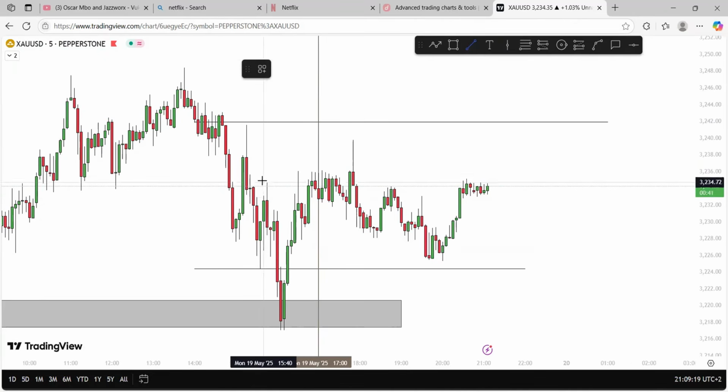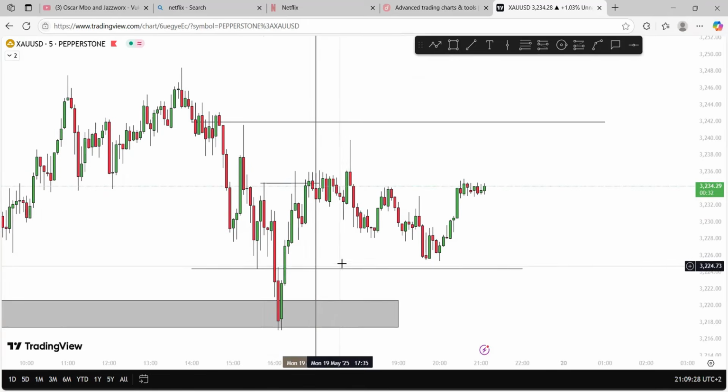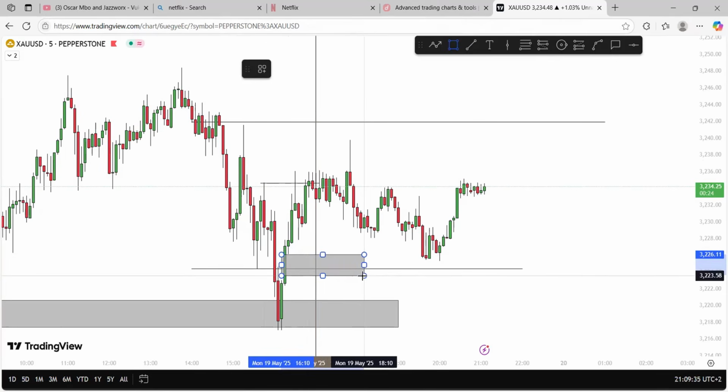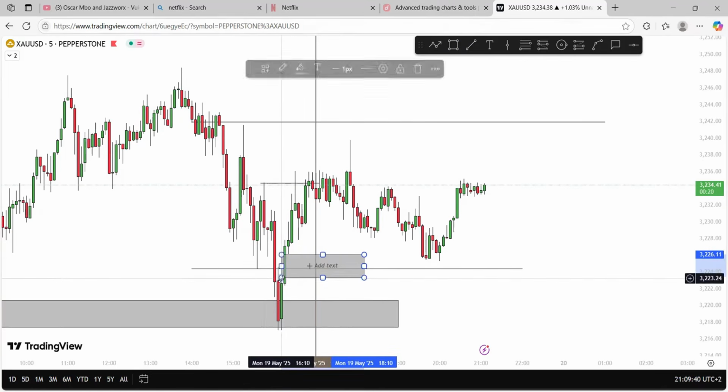Then a market structure shift over here. After getting this market structure shift, we have a fair value gap over here.